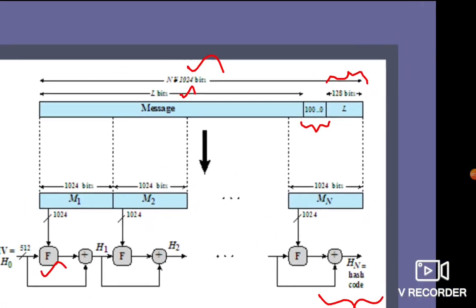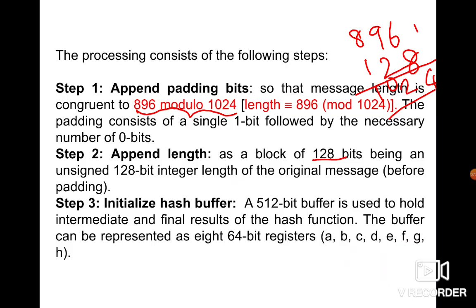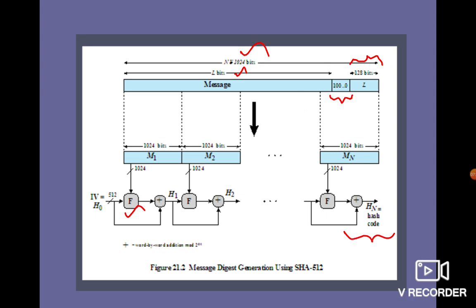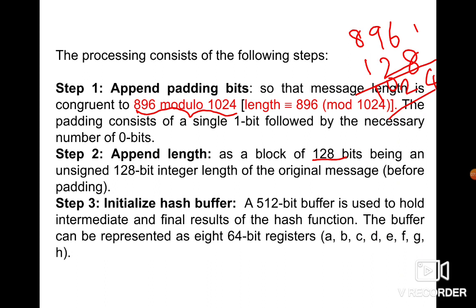After padding is done, we have to add a 128 bit length. This length represents the length of the message before padding. After that, we have to initialize the hash buffer. A 512 bit hash buffer is used to hold the intermediate and the final result of the hash function.